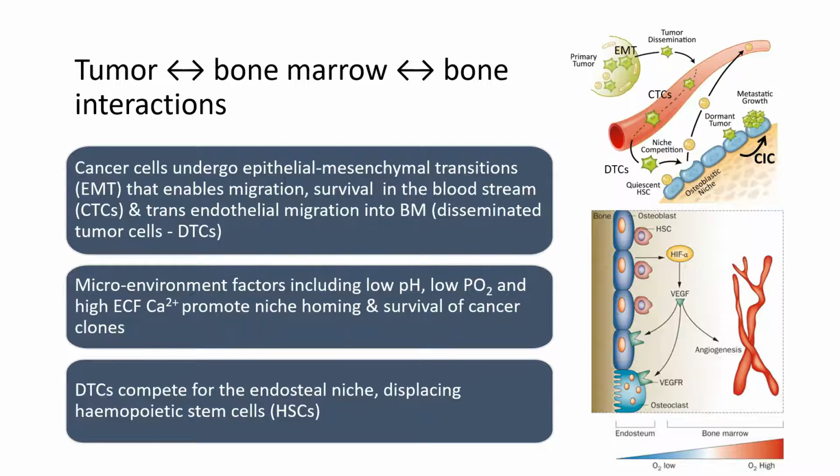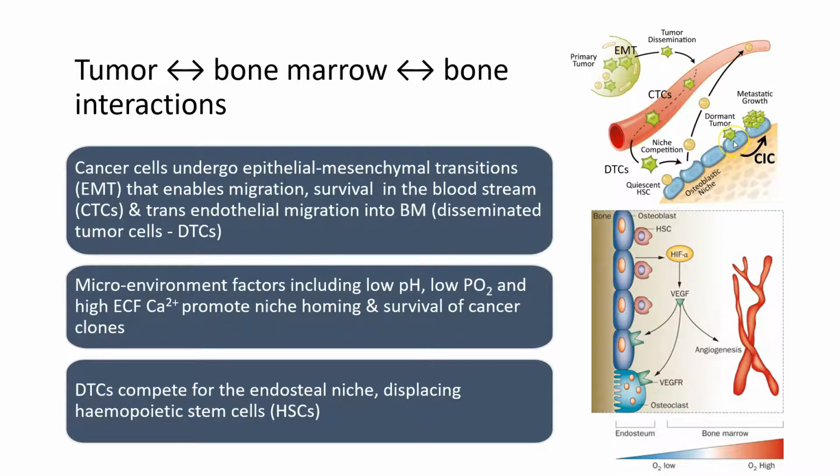If you see tumor cells within the bone marrow space, these are called disseminated tumor cells, or DTCs. These DTCs home towards the endosteal surface using calcium and pH gradients, and these DTCs then compete for the endosteal niche, displacing the hematopoietic stem cells that are sitting there.